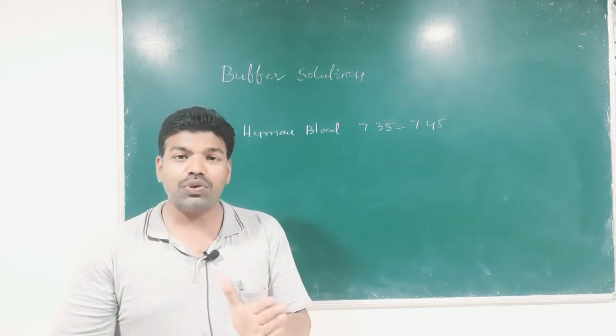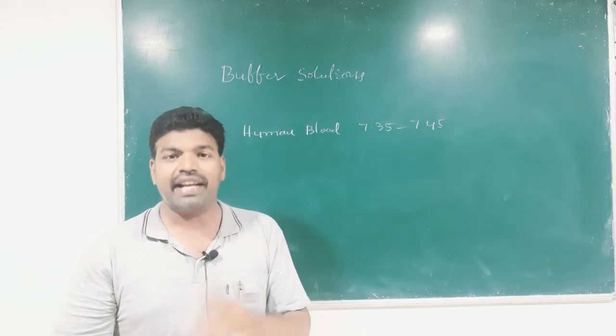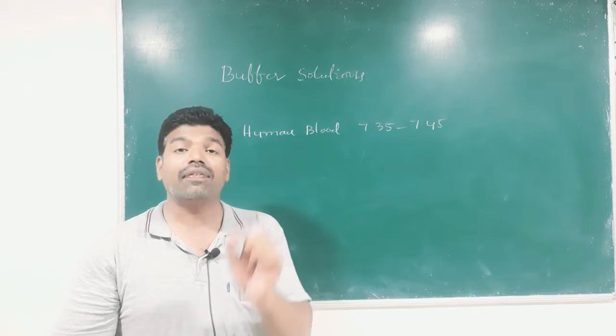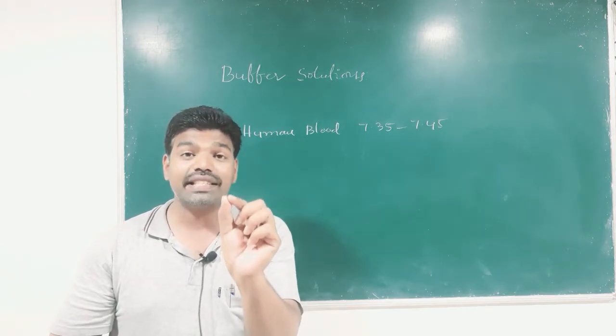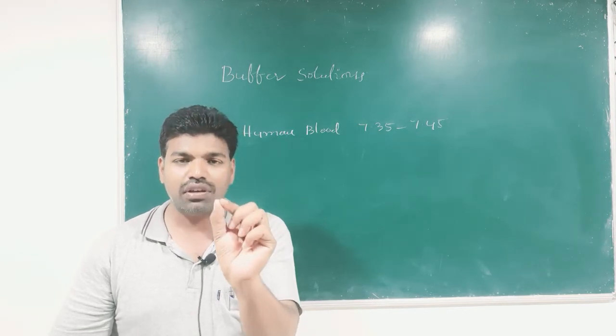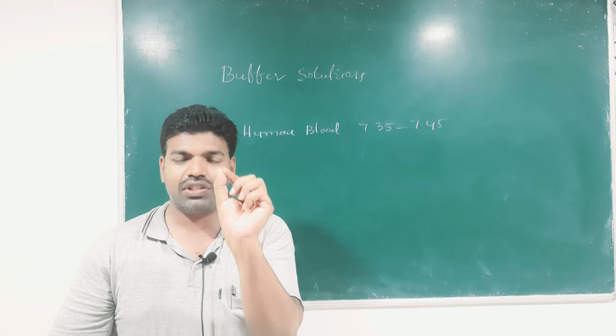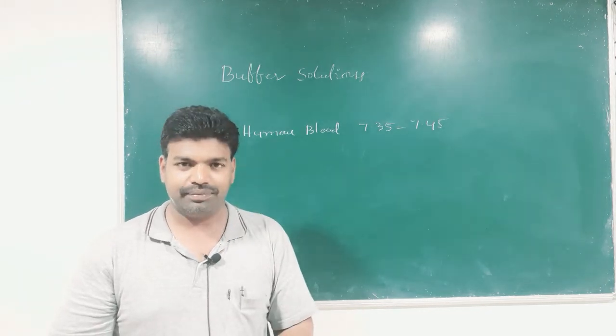I hope you got the point and understand what a buffer is. A buffer solution is one which resists any change in pH on dilution or by addition of a strong acid or a strong base to it.